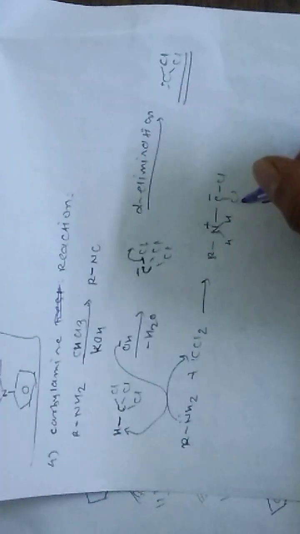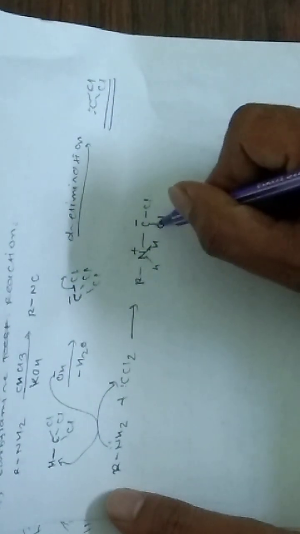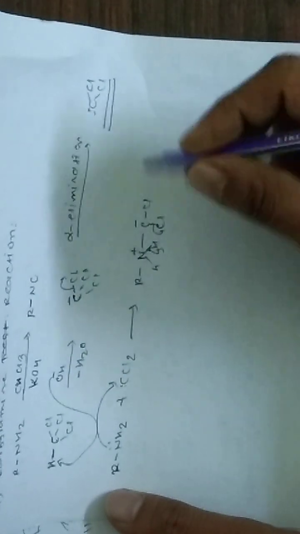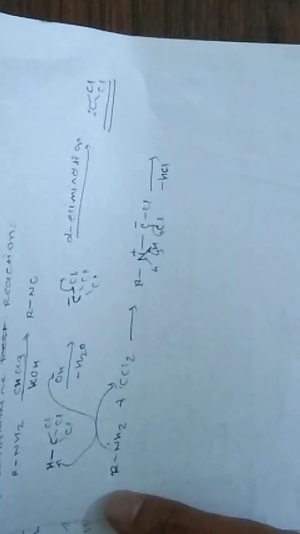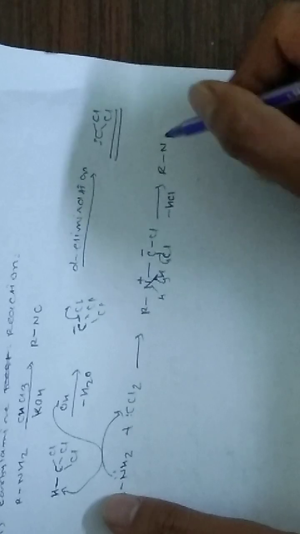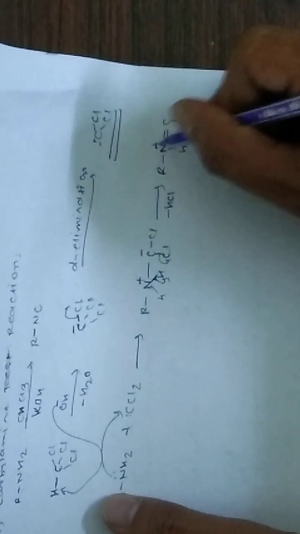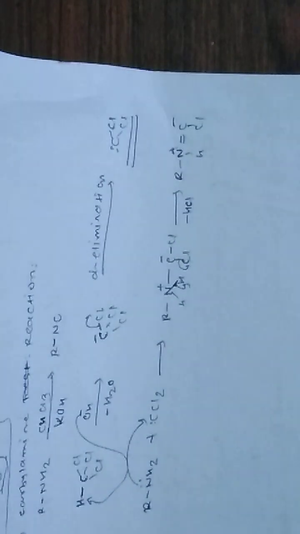So now the next step is, from here, this chlorine is removed and 1 proton is removed, so HCl gas is removed. So what will happen? R-N double bond C, here H, 1 chlorine is present, positive charge on nitrogen, negative charge on carbon remains the same.